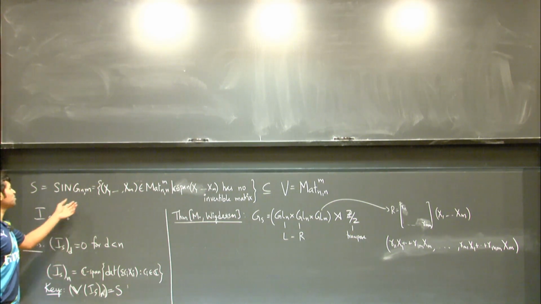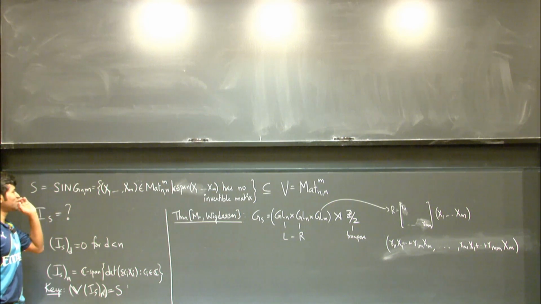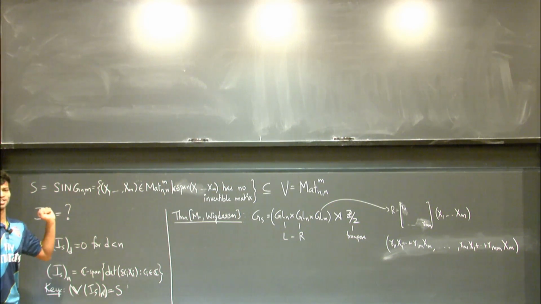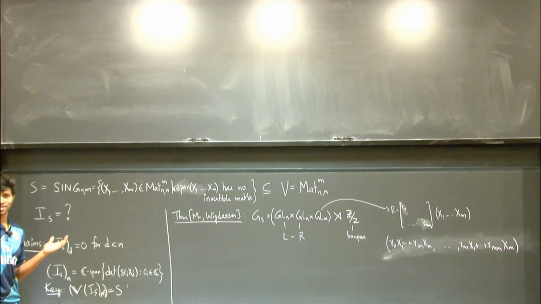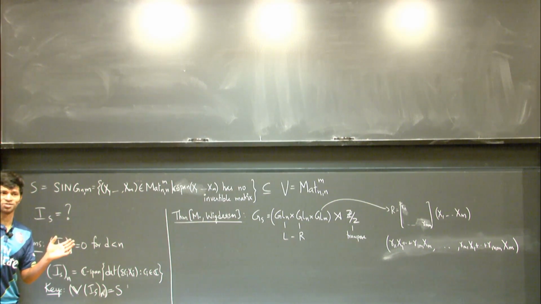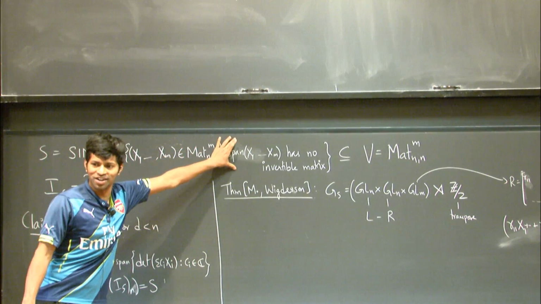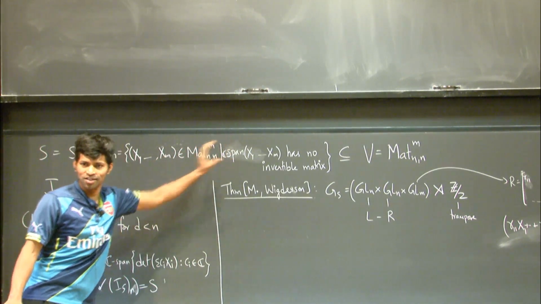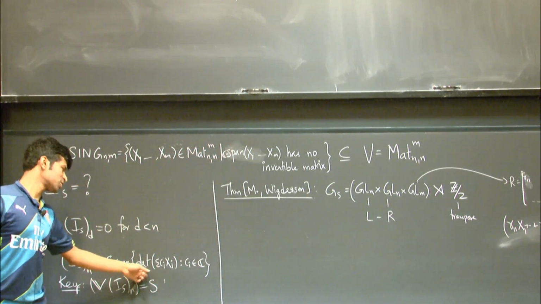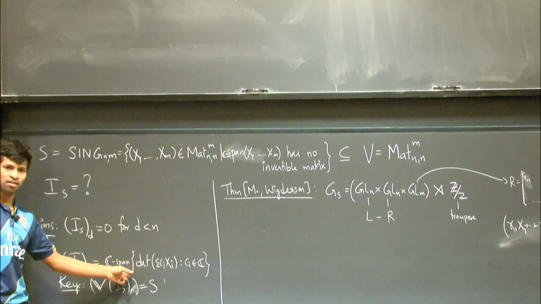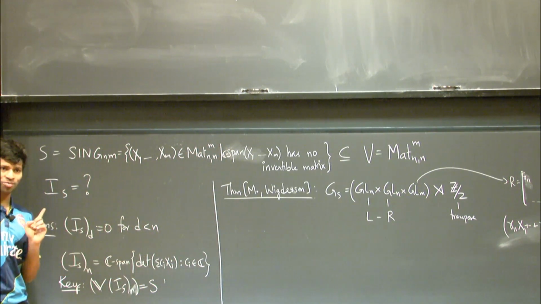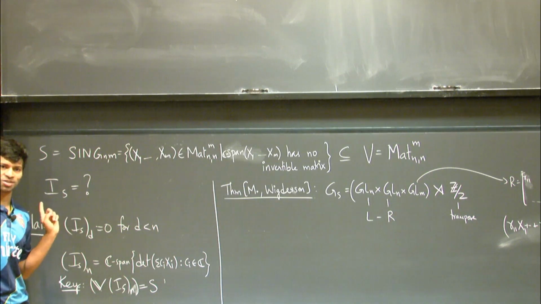Okay, and now let's think about this. Can you think of any polynomial that vanishes on this? The determinant of the first matrix, the determinant of the second matrix, the determinant of any linear combination of the matrices. That's how this is defined. So if I take all such determinants of linear combinations and look at their span, these are all degree n polynomials that vanish on this subset.